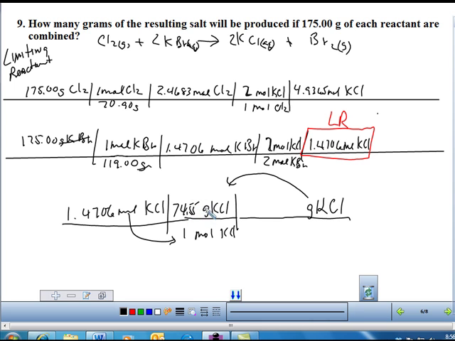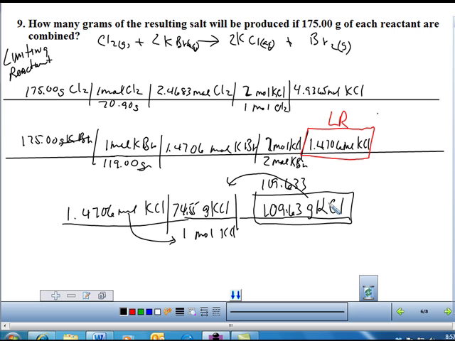Yes? We calculate this out and come out to 109.633. And we're only allowed how many significant figures? 5, okay? So we're going to go to 109.63, and that's the correct answer.